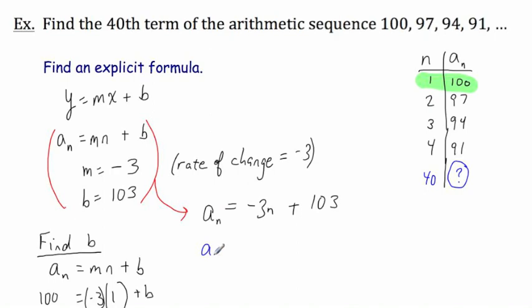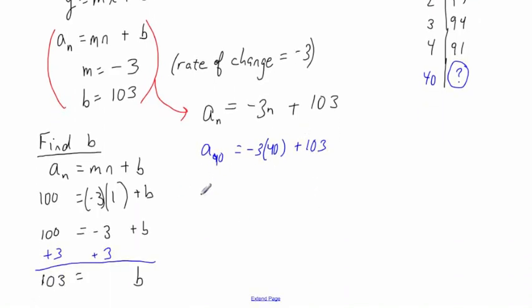So this will be a sub 40 equals negative 3, substitute in 40 for n, plus 103. Simplify that right-hand expression. This is a sub 40 equals negative 3 times 40 is negative 120. Simplify further.